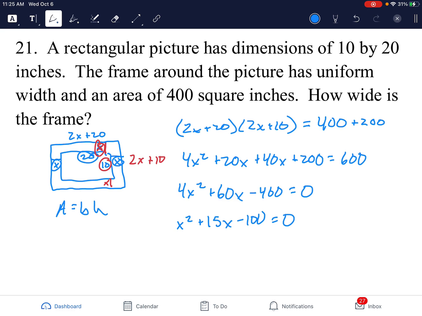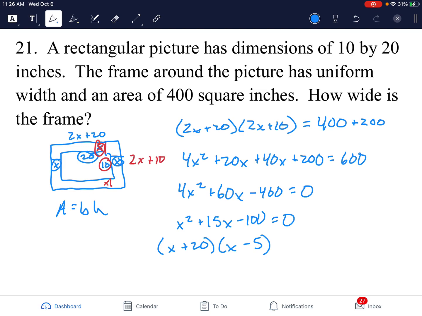Now I've got to find two numbers that multiply to be negative 100 but add up to be positive 15. So let's see. 20 times 5 is 100. So if I do positive 20 and negative 5, 20 times negative 5 is negative 100. 20 minus 5 is positive 15.